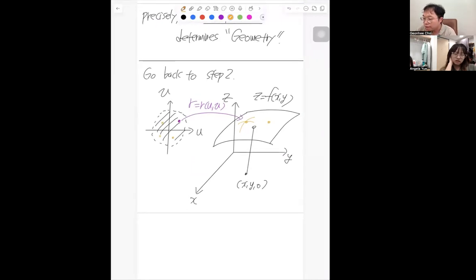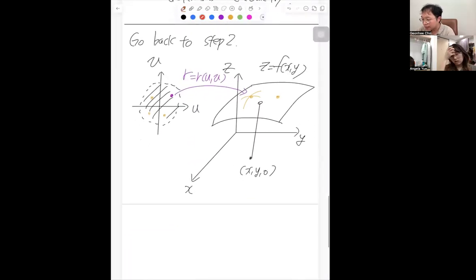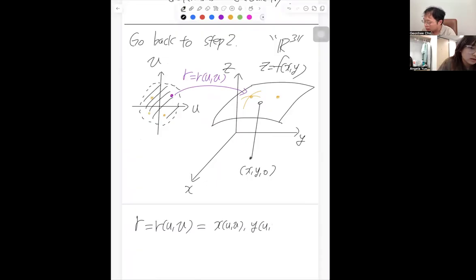Now it's a little bit more difficult. This notation on page 2 represents the following. If you look at this again, because everything is in R3, it consists of an x component, a y component, and a z component.